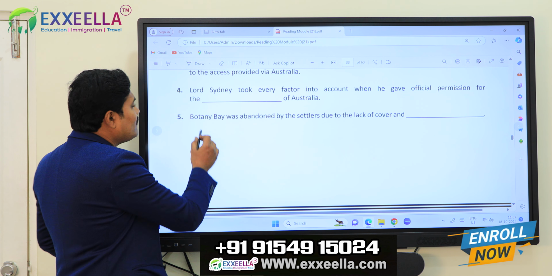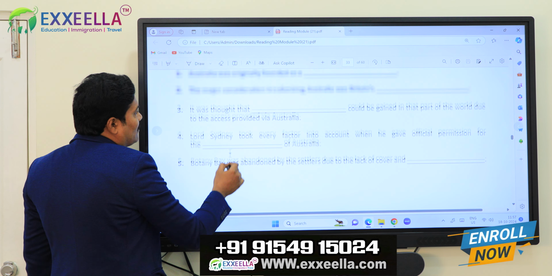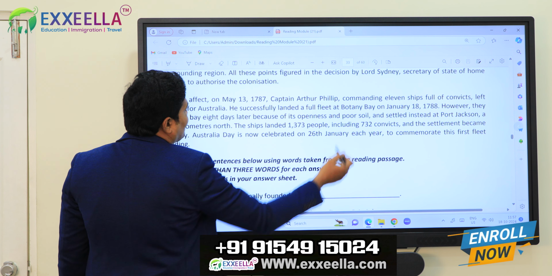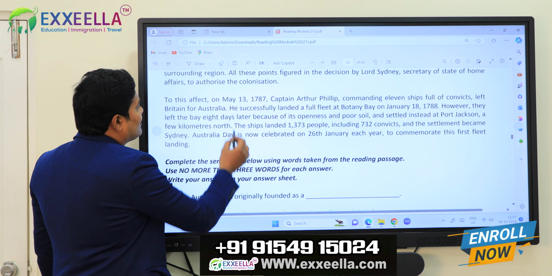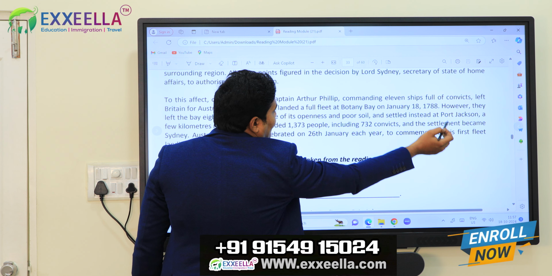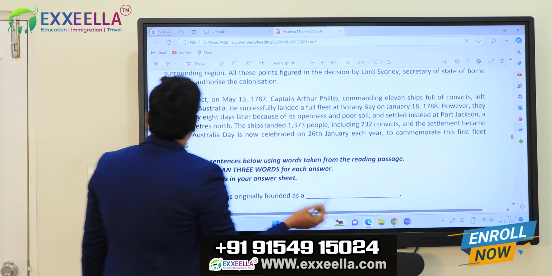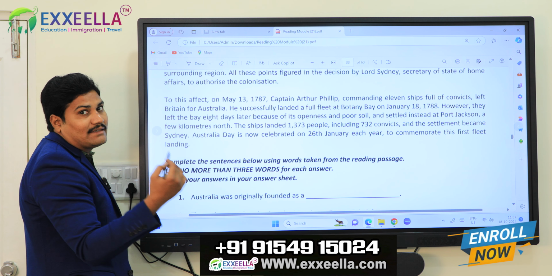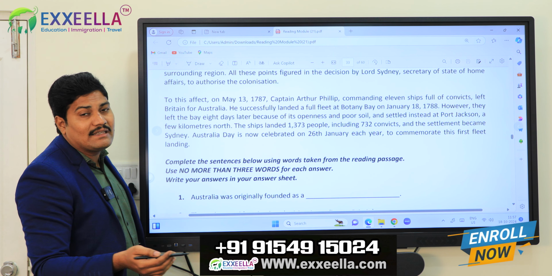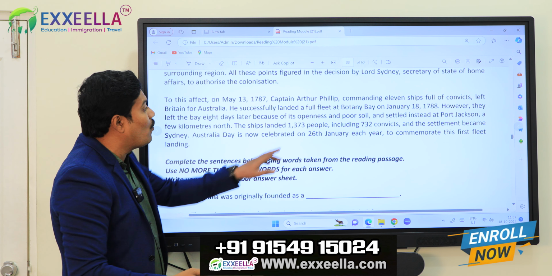Now let's see. Botany Bay, abandoned, settlers, lack of cover are the keywords. Let's find them in this fourth paragraph. Botany Bay is mentioned here. He successfully landed a full fleet at Botany Bay on January 18th, 1788. In this sentence we don't have much information about the question. However, they left, and as I mentioned, abandoned means left. Who are they? Local settlers. They left the bay 8 days later because of openness.